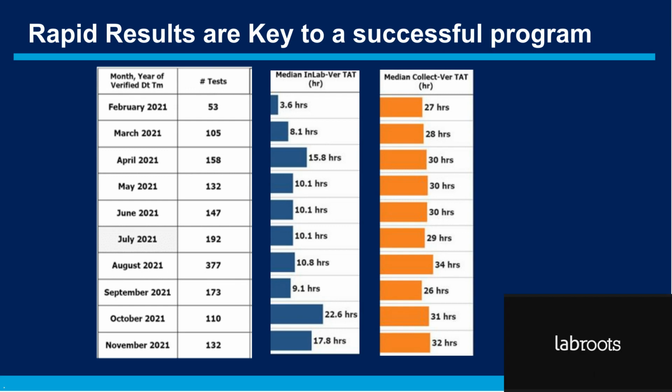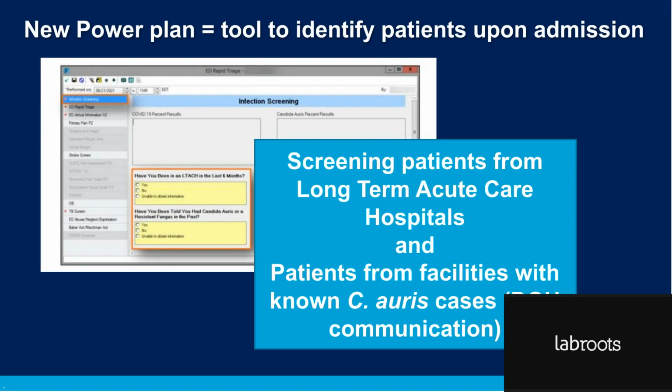Another important thing to consider is the fact that we need to give better tools to our clinical teams to identify patients. So we cannot just rely on infection prevention identifying these patients, but we need to make the emergency department, the ER team, in charge of identifying these patients when they first come into the hospital.